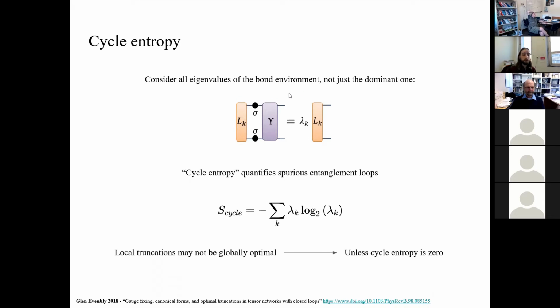So let's consider all eigenvalues of this bond environment, not just the dominant one. And we can define an entropy of this spectrum of eigenvalues. This entropy is called the cycle entropy, and it quantifies the amount of spurious internal entanglement through that bond. So this gives you a measure of how much spurious internal entanglement you have in a tensor network.